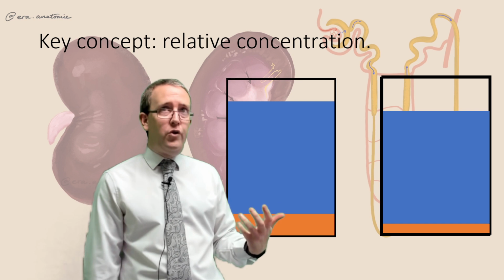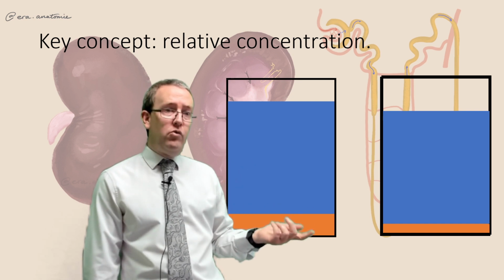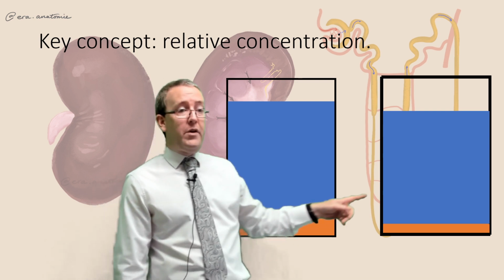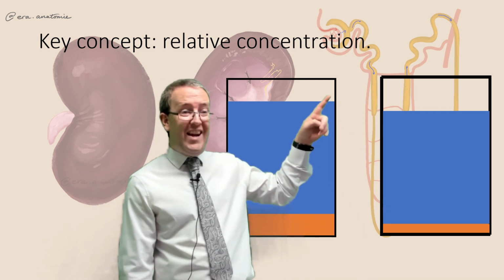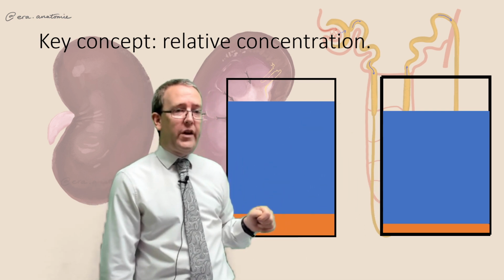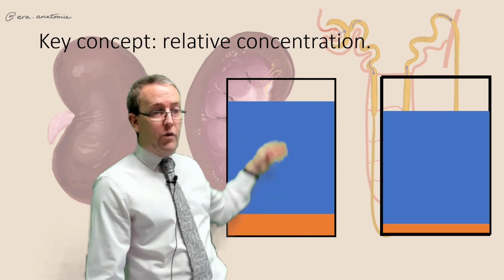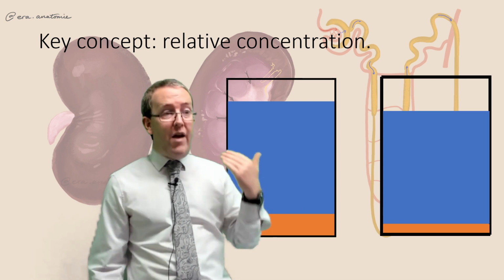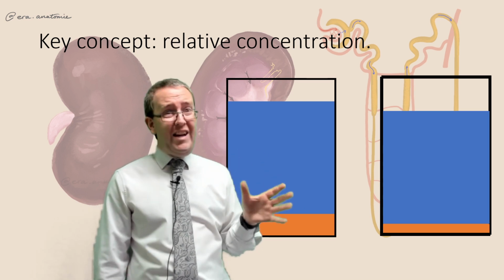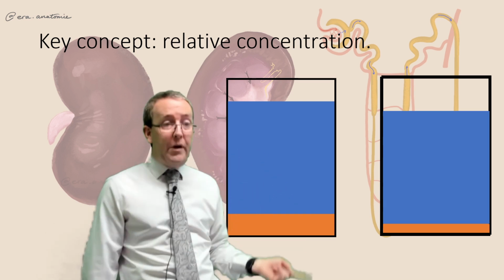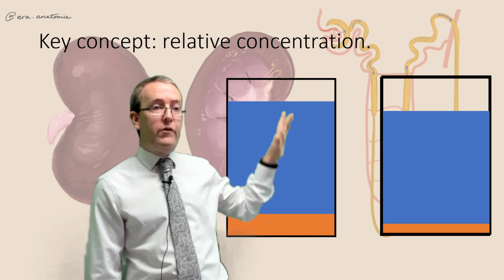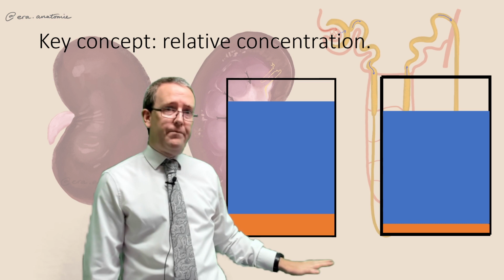That is going to raise the water potential of what's left because there's less dissolved stuff in it, so the filtrate becomes a higher water potential even though it's a slightly smaller volume, okay? Because in comparison to the water, there is less dissolved stuff. So this is our relative concentration. We haven't really changed the volume significantly, but because we've taken dissolved stuff out, we've raised that water potential, and we've lowered the concentration, okay?